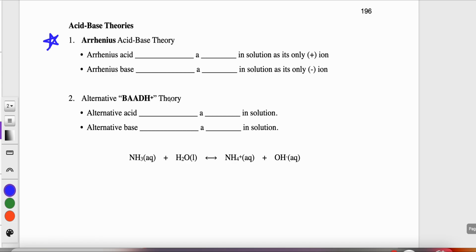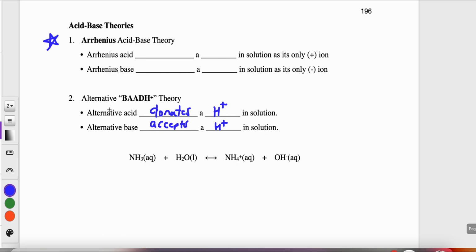So the alternative bad theory of acid bases, this little thing here will help us remember how they're defined. So in our alternative theory, the alternative acid donates the H plus ion in solution, whereas the alternative base accepts the H plus ion in solution.